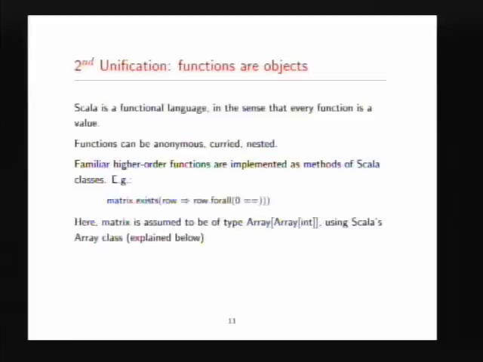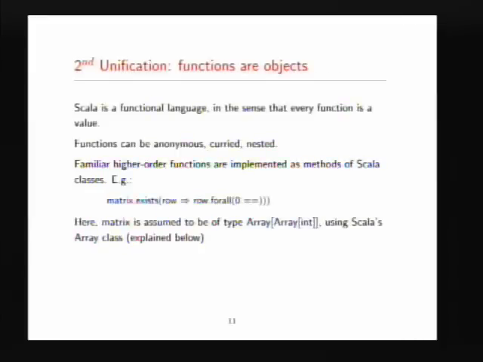For instance, here's the array class, which is actually a Java array class, but we do some magic to enrich it with more things. So our array class also has functions exists and forall, which are just the exists and forall predicates. These can be used to find out whether a given matrix has a row consisting only of 0 elements.